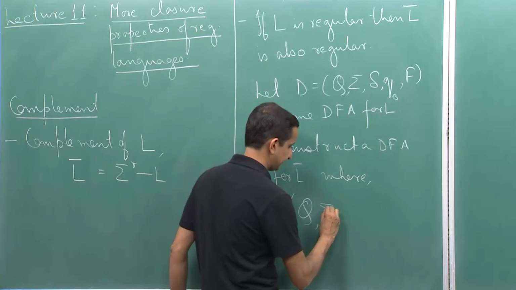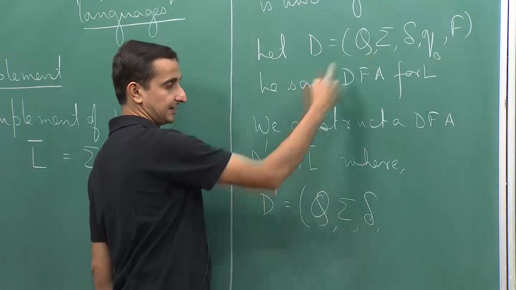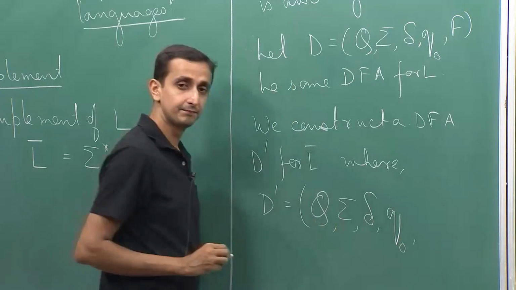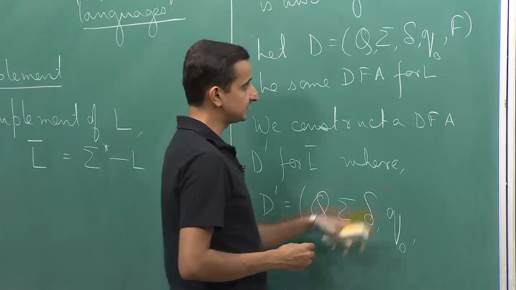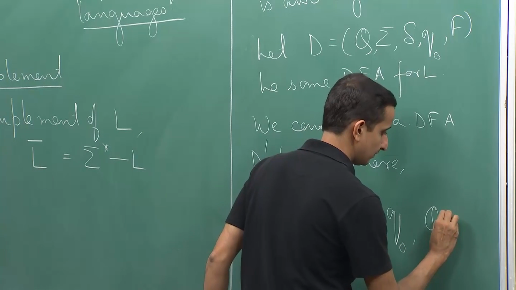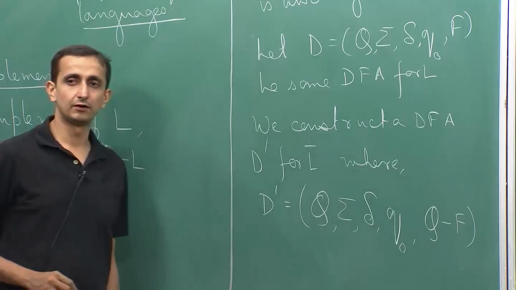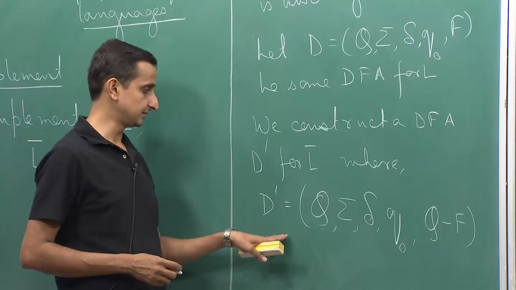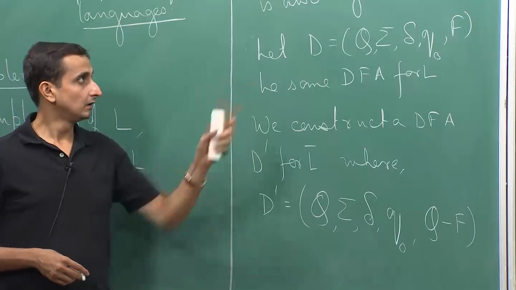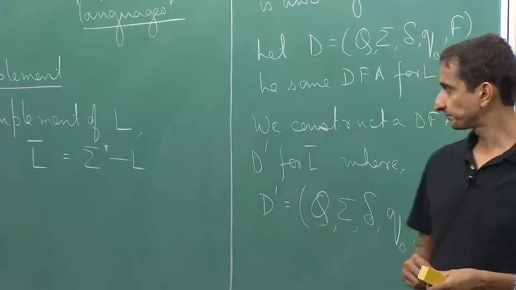The alphabet remains the same, the transition function remains the same as that of D. The start state also remains the same. The only thing that changes is the set of accept states. So, in this case it will be Q minus F instead of F. Okay. So, this is the DFA for the language L bar. So, this proves that this statement is true, that if L is regular, L complement is regular.